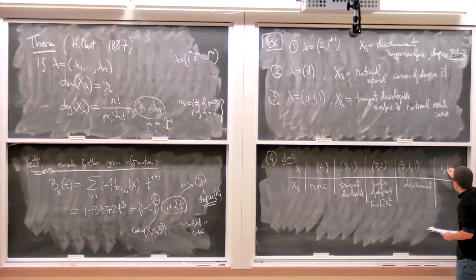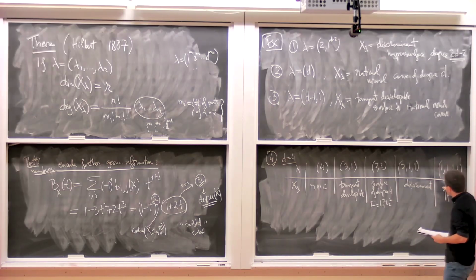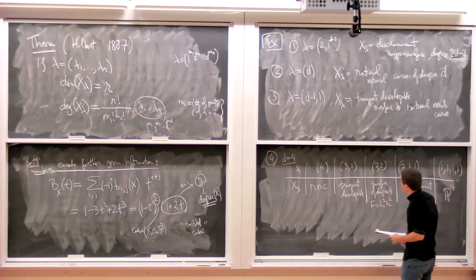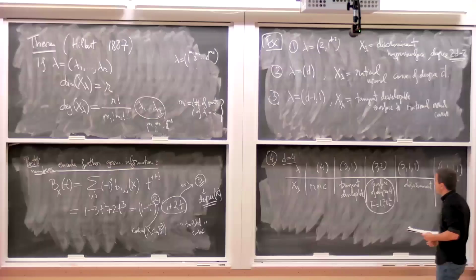And I never wrote 1, 1, 1, 1, but that's just because every form over the complex numbers factors as a product of linear forms. So maybe the first one and the last two are more studied. Let me talk about this surface.